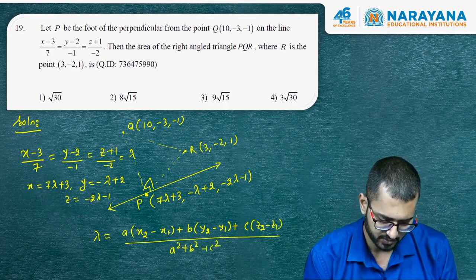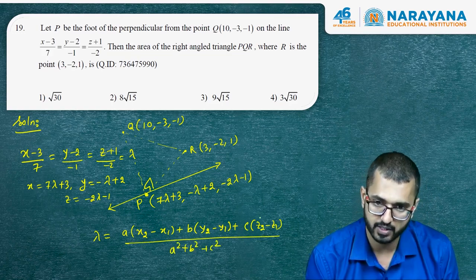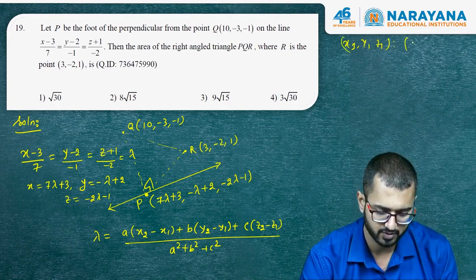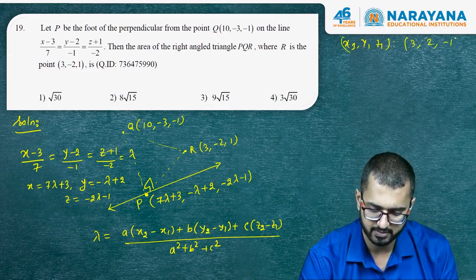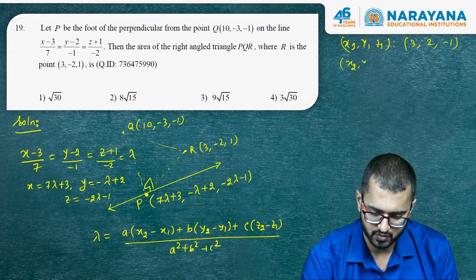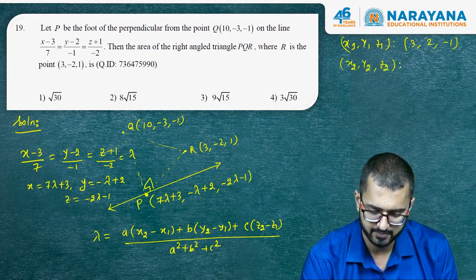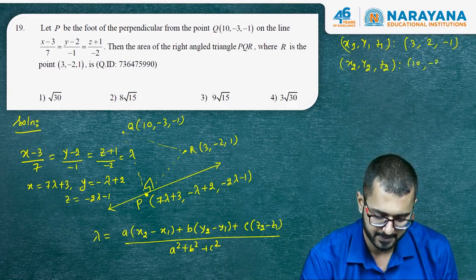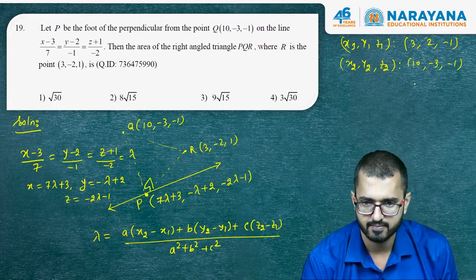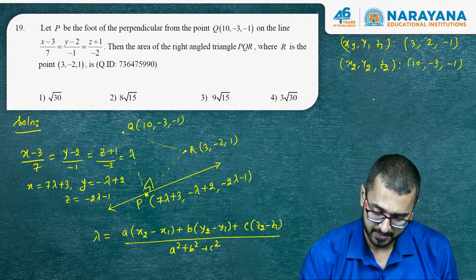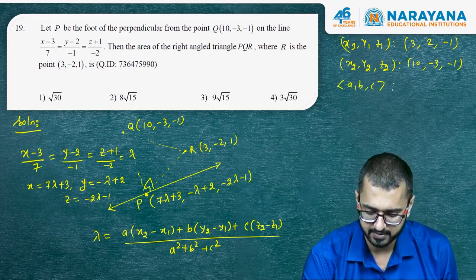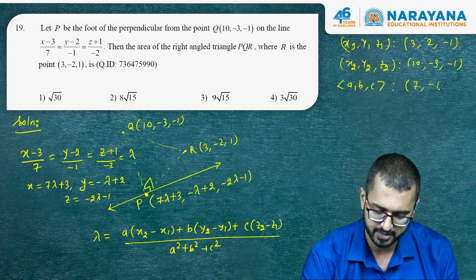Here x1, y1, z1 is the point through which the line is passing, so it is 3, 2 and minus 1. And x2, y2, z2 is the point whose foot of perpendicular we are finding, which is 10, minus 3 and minus 1. And a, b, c are the DRs of the line, which are 7, minus 1 and minus 2.